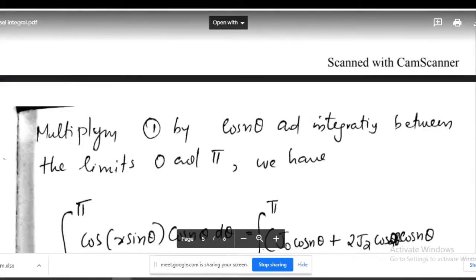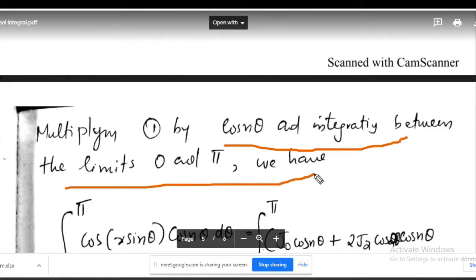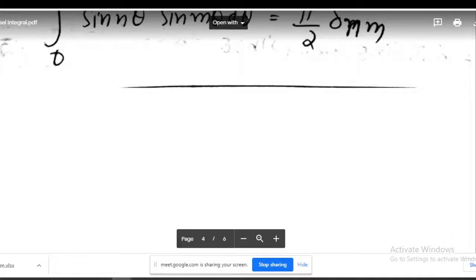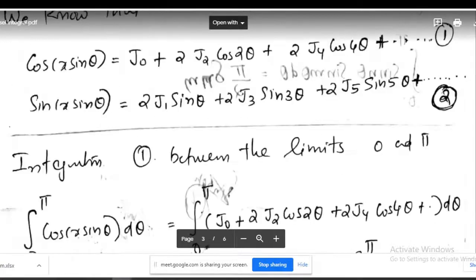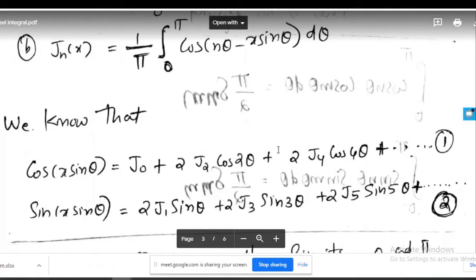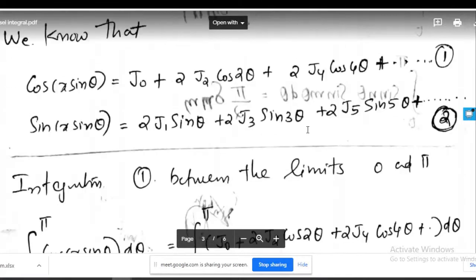Now what we do is we multiply equation 1 by cos n theta and integrate between the limits 0 and pi. So we are multiplying equation 1 with cos n theta.